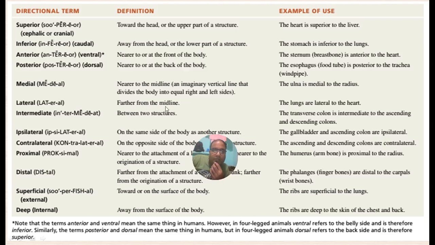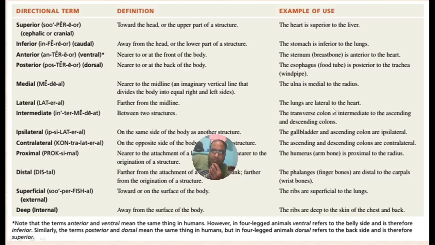When an organ is farther from the midline, we can refer to it as present laterally. Like our hands are lateral; lungs are lateral to the heart, on both sides. Lateral means to the left or right side of the heart.